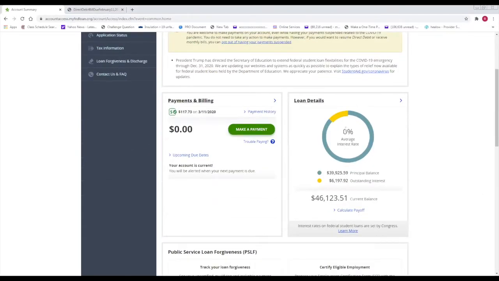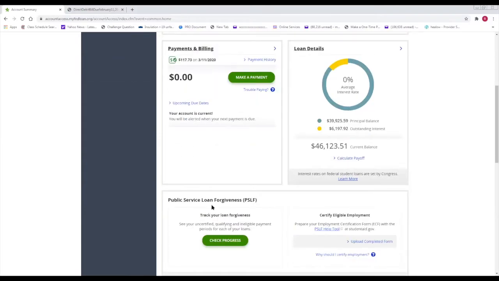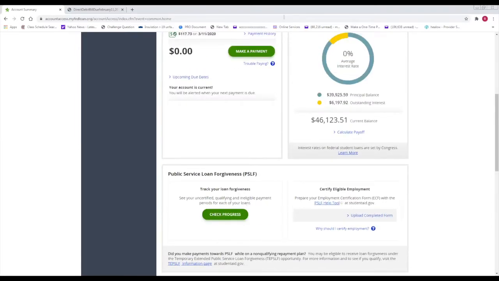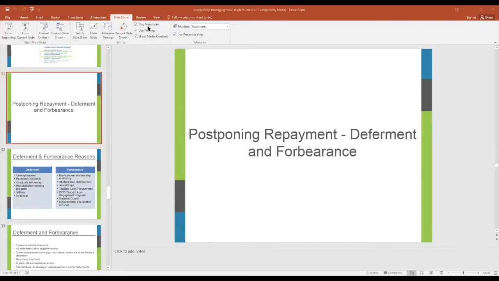Whatever my interest rate would have been would have been there instead of 0%. And since I'm on public service, they're listing my public service information right there. I just wanted to share that with you all. It gives you a more realistic example of what student loans actually look like.